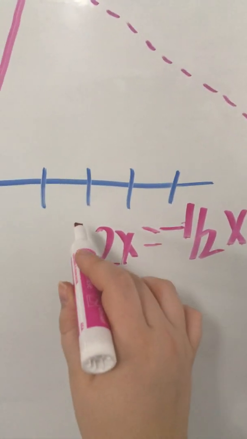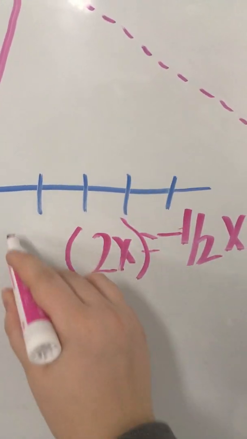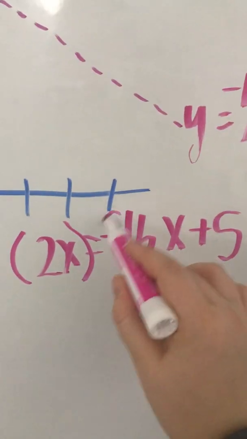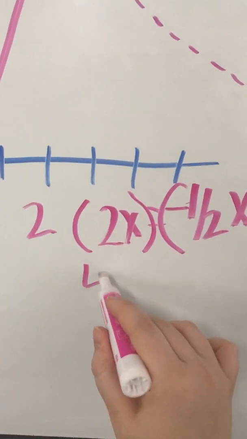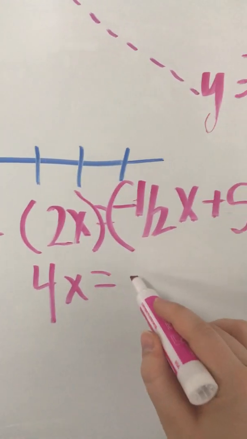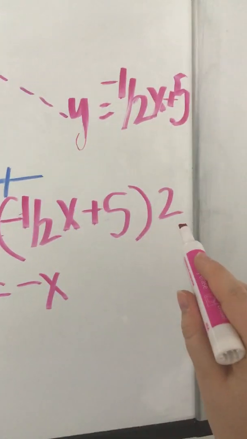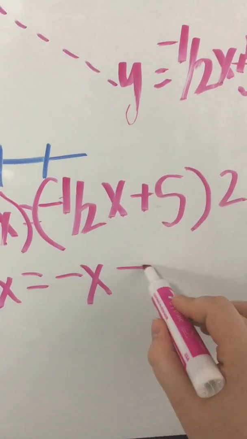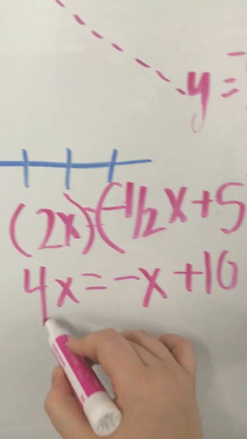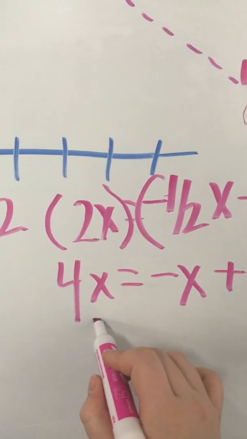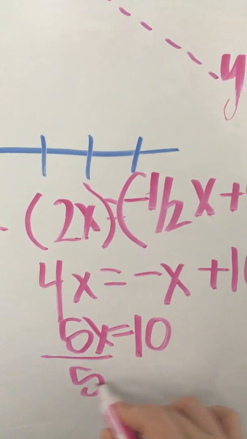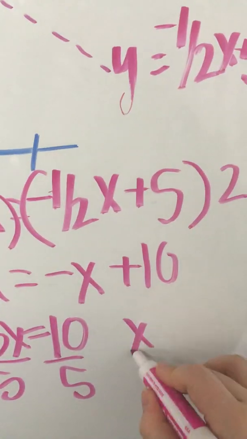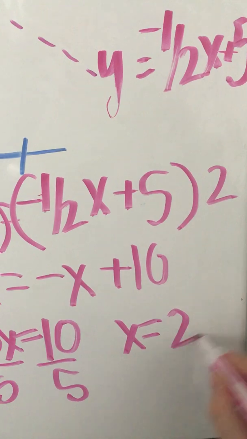And so just doing a little bit of math here, you would multiply both sides by 2. You'd get 4x equals -x plus 10. Adding x to that side would be 5x equals 10. Dividing both sides by 5, you're left with x equals 2.